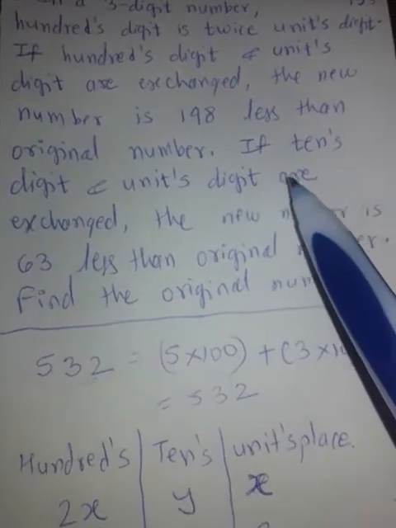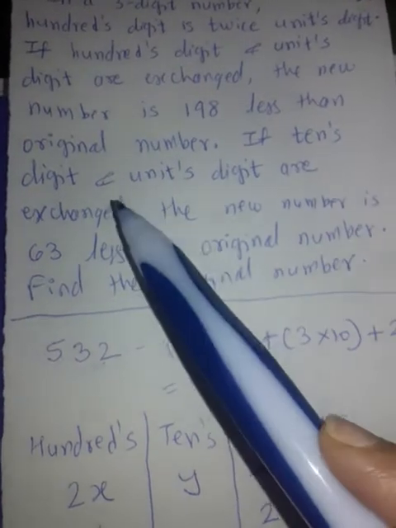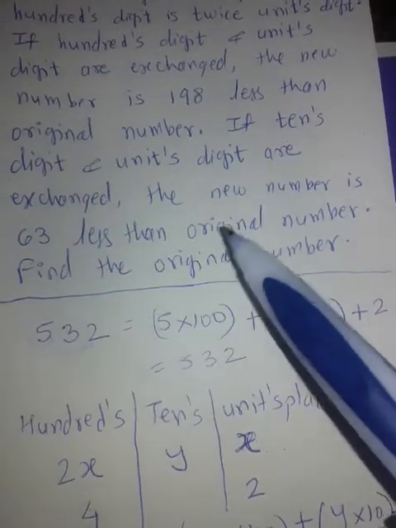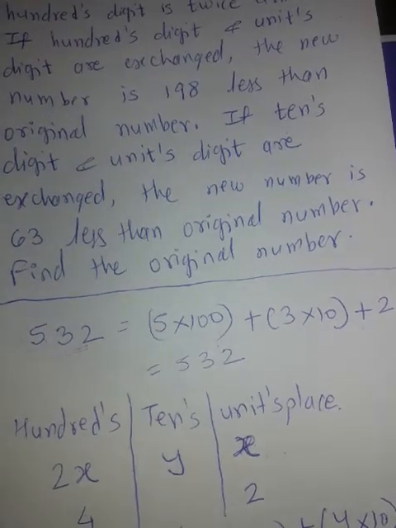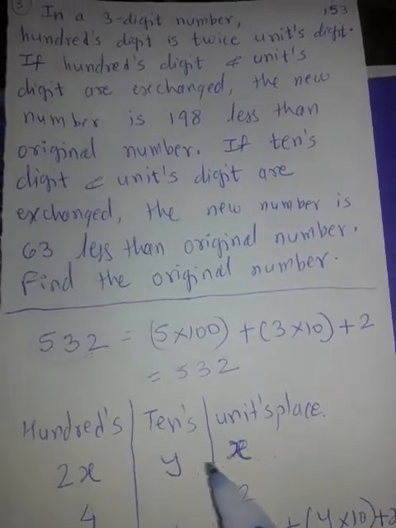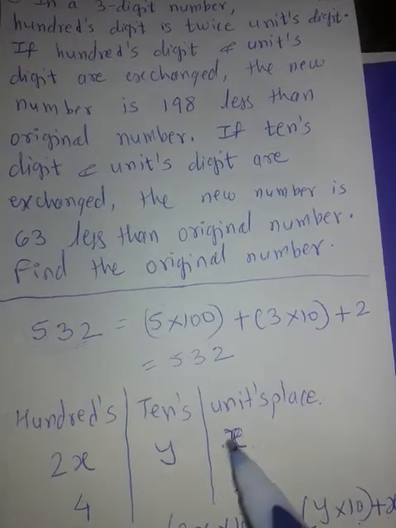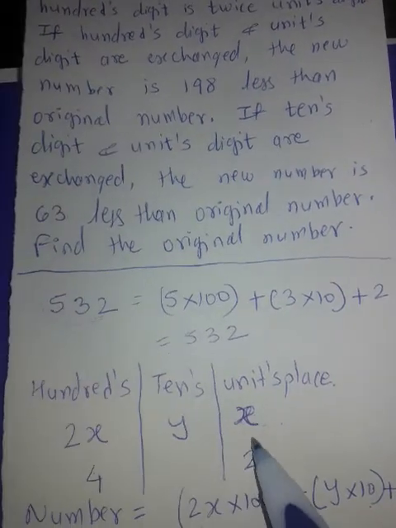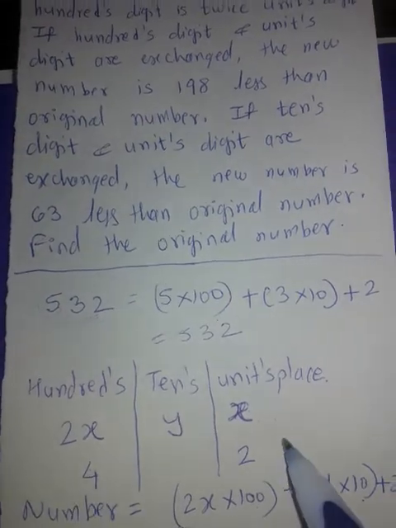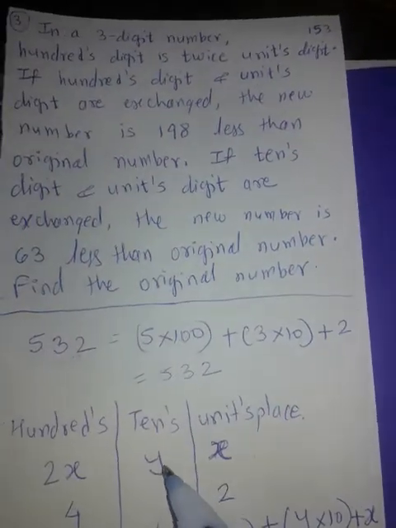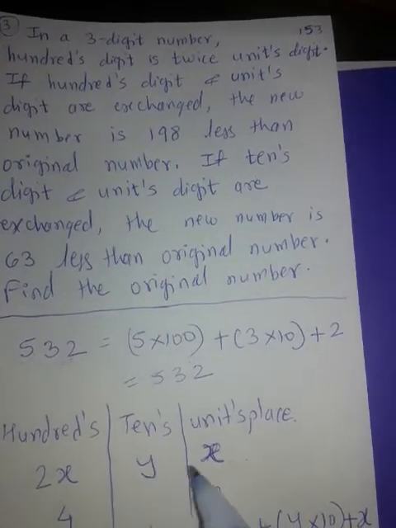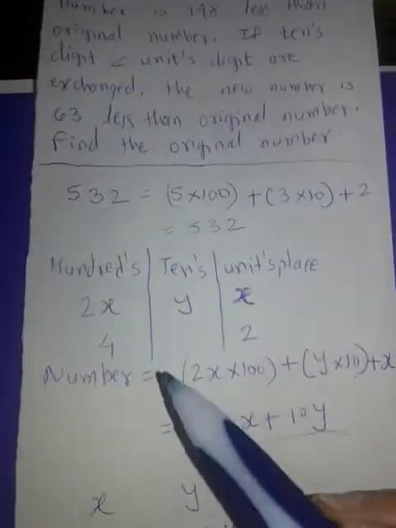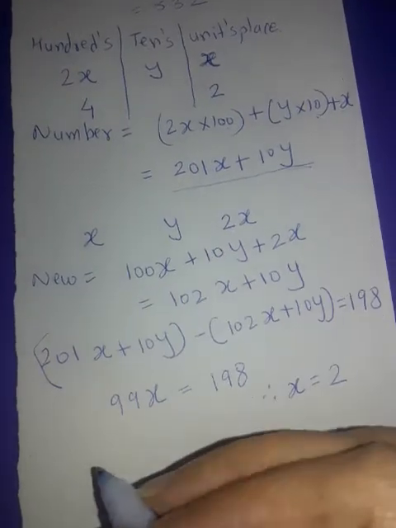Now they are saying if tens digit and units digit are exchanged, the new number is 63 less than original. Tens and units are now exchanged. So right now forget this. Let's concentrate on this. Tens and units are exchanged. So x comes here, y goes there. So what will be new number?